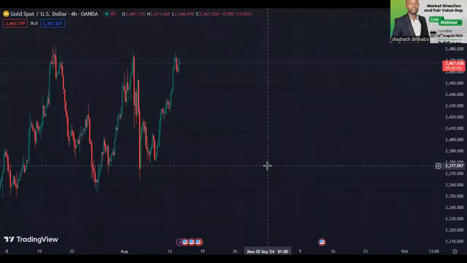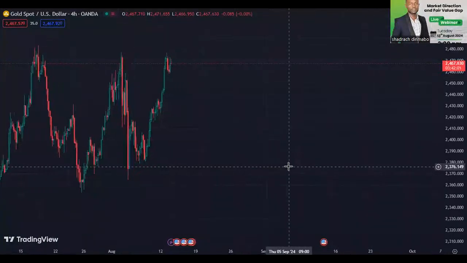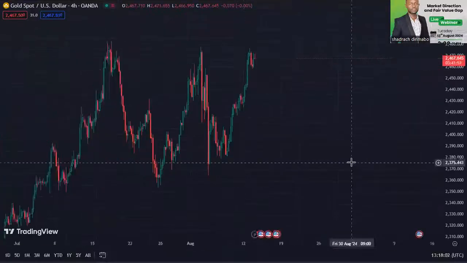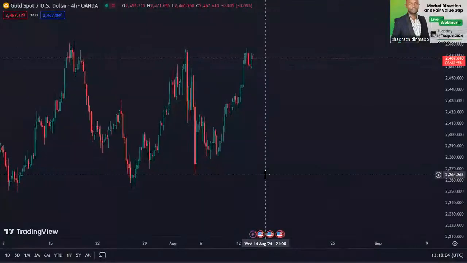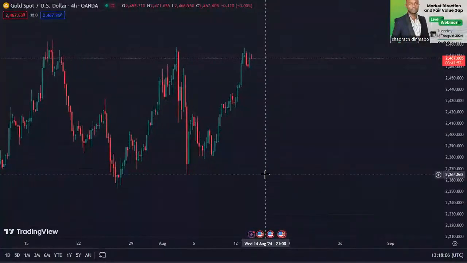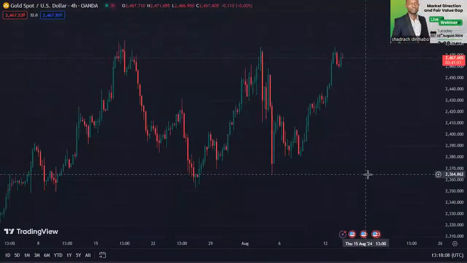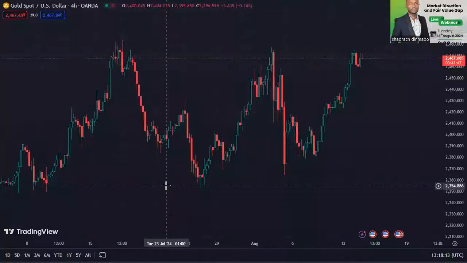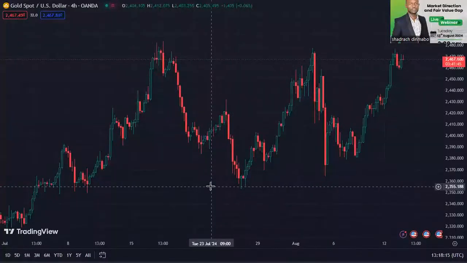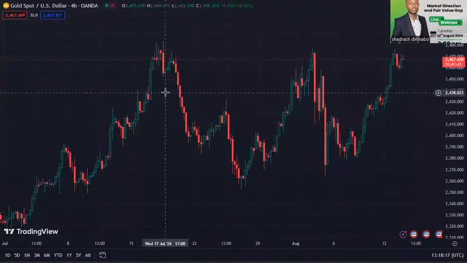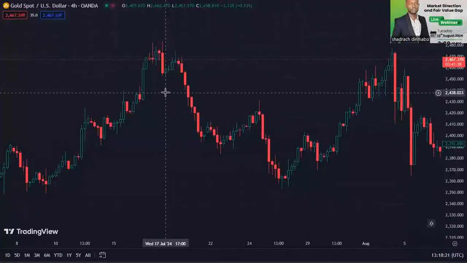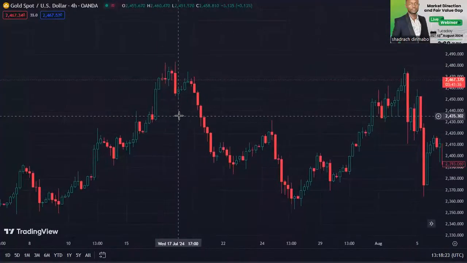Let's push on. Now on the basis of this fair value gap, we want to find out where the fair value gap is, looking at our swing high. Let's look at the swing high here, where we want to identify the fair value gap.